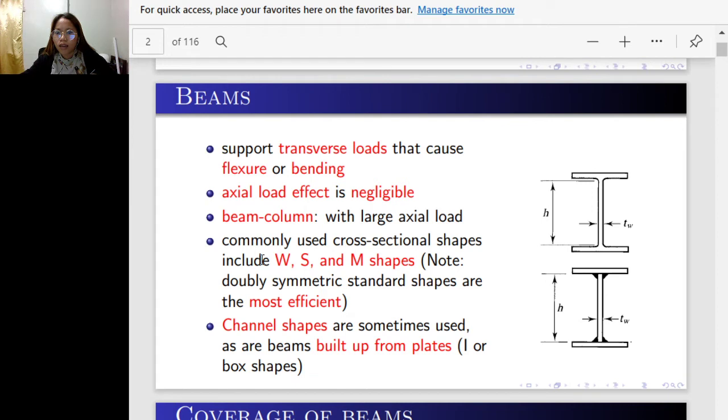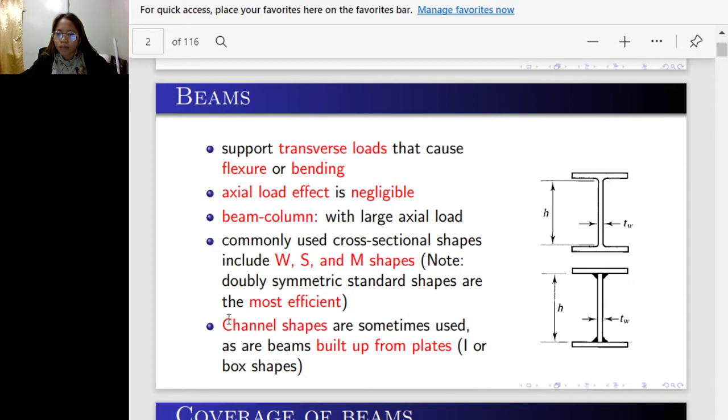Commonly used cross-sectional shapes include the W shape, S, and M shapes. Note that the doubly symmetric standard shapes are the most efficient kind of beam. Channel shapes are sometimes used, as are beams built up from plates, the I or box shape.